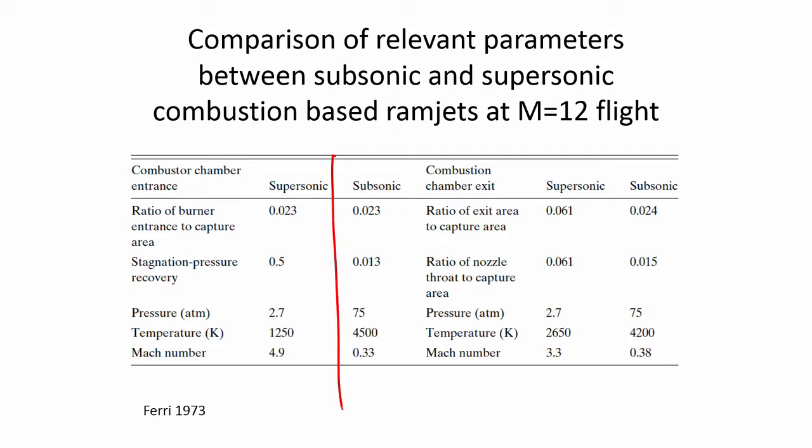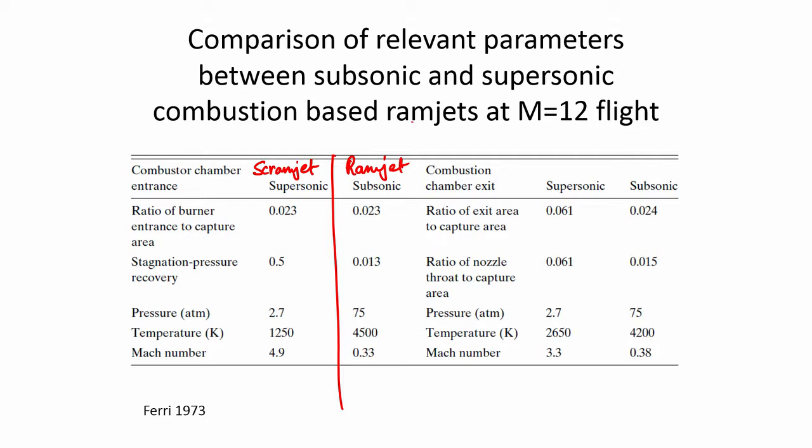So let us consider a Mach 12 flight, and your combustion chamber, and the entry into the combustion chamber can be either supersonic or subsonic. So here, in both the cases, this is essentially a scramjet, this is essentially a ramjet.